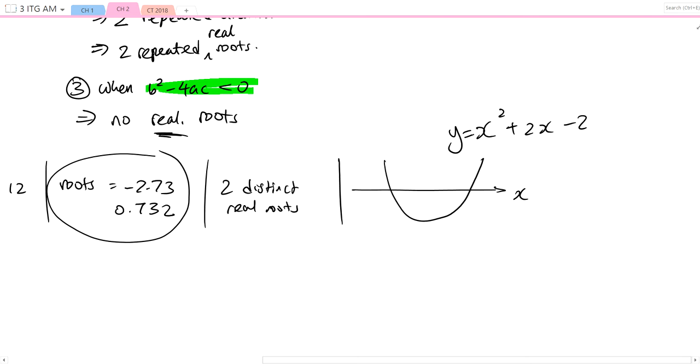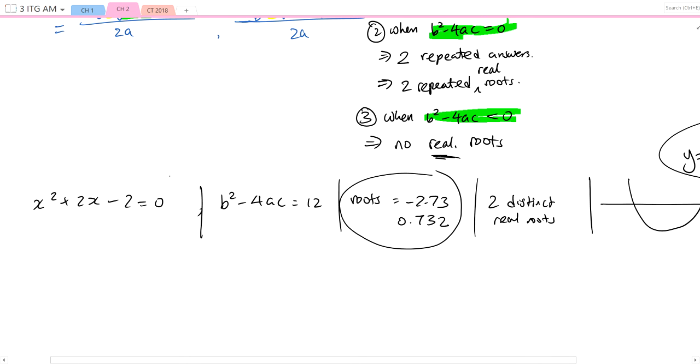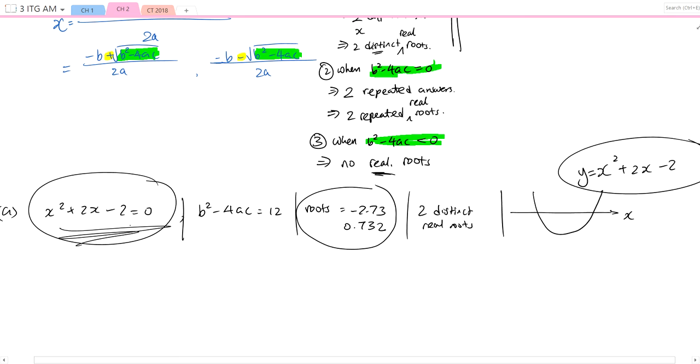If I want to solve for, you see, this equation over here is different from this one, right? What is the obvious difference between this and this? What do you see? y equals 0. Can you see that y is supposed to be equal to 0 in this case?